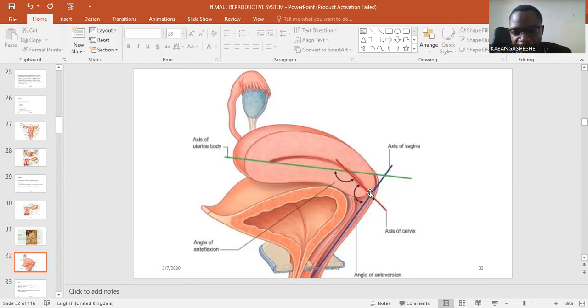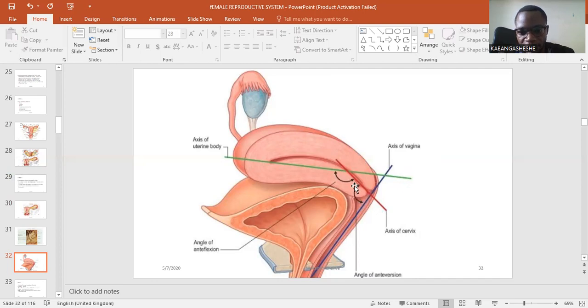If you think of this as a joint, you know that a joint undergoes flexion and extension. Bending of a joint, we call it flexion. So if this is a joint between the uterus and the vagina, then this joint is flexed, it's bent, it's not a straightened joint. You see that it's bent forward, hence the name anteflexed. Ante means anterior.